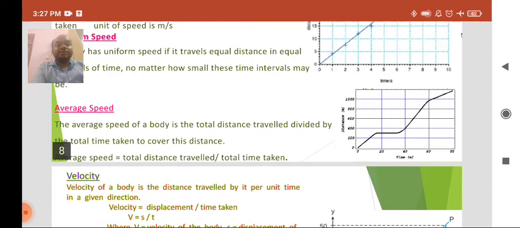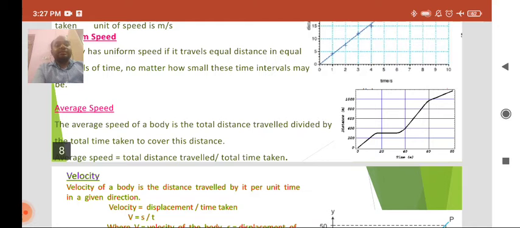So average speed is equal to total distance upon total time taken. It is called average speed, denoted by V bar. Its unit will be meter per second.